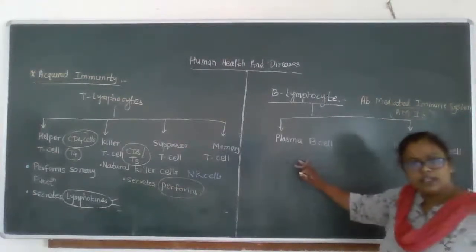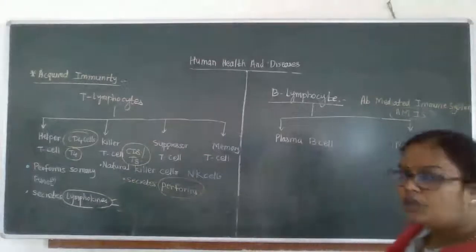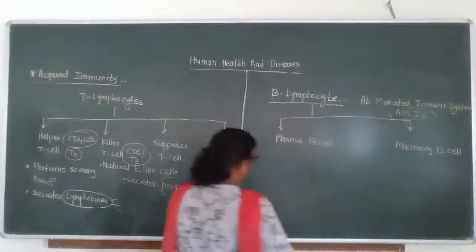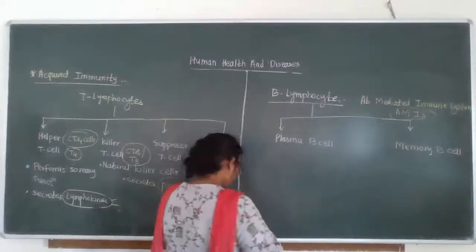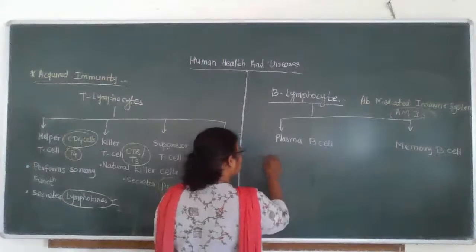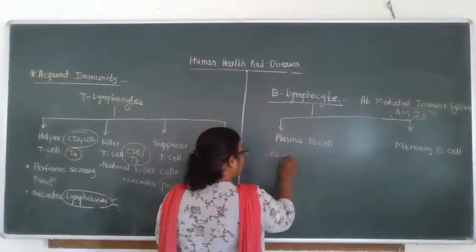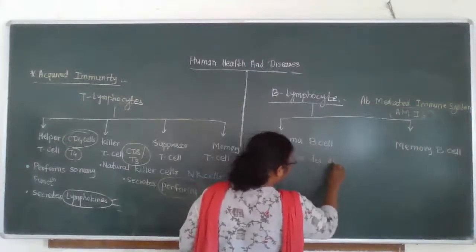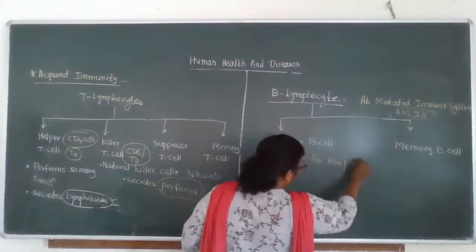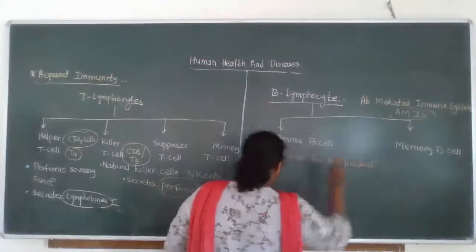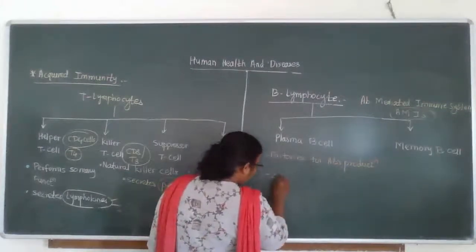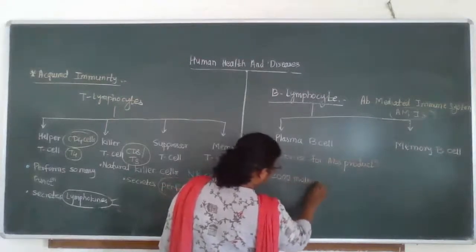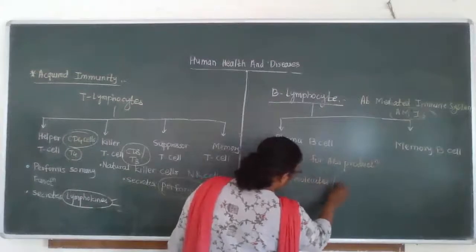Now related to the plasma B cells. These plasma B cells are known to be factories for antibody production. Near about 2,000 antibody molecules are produced per second.